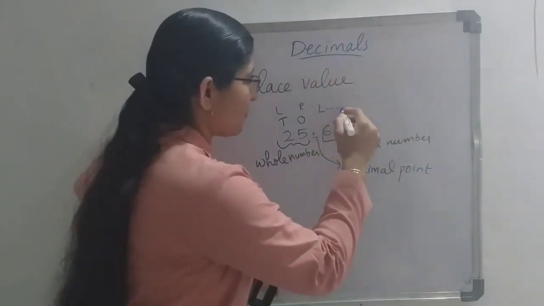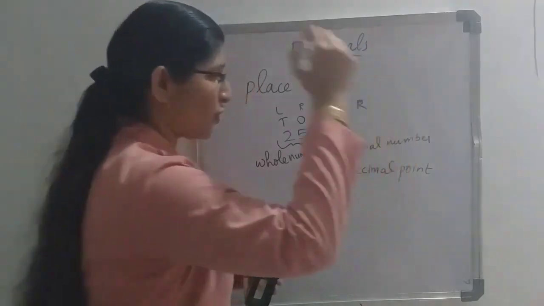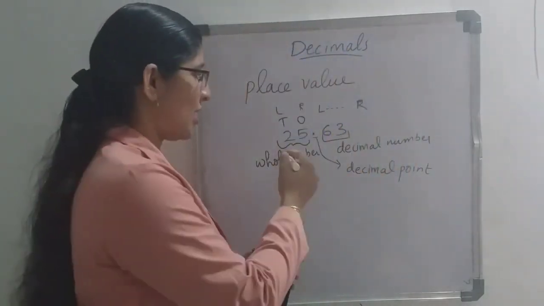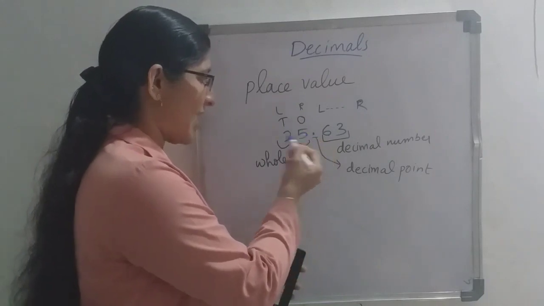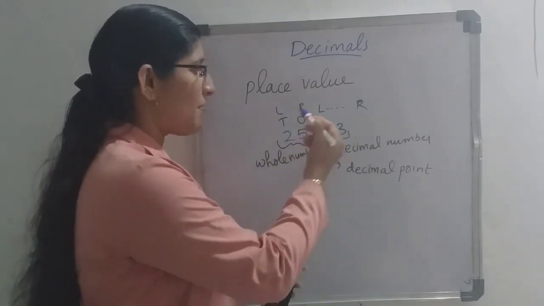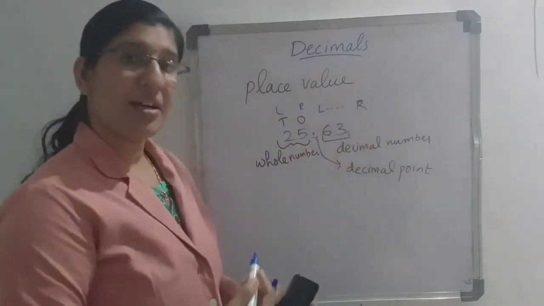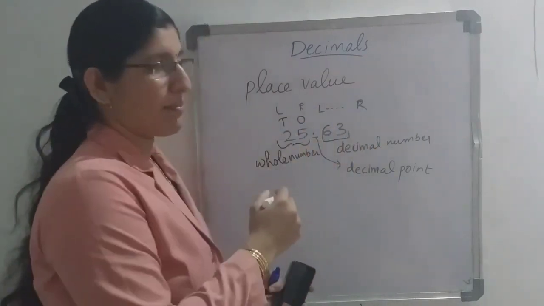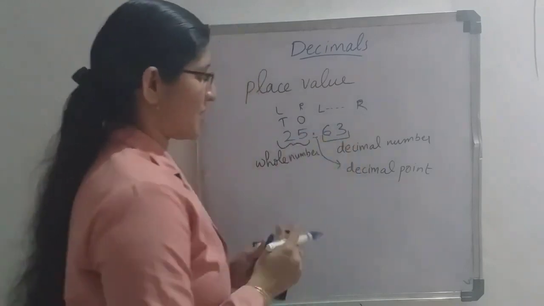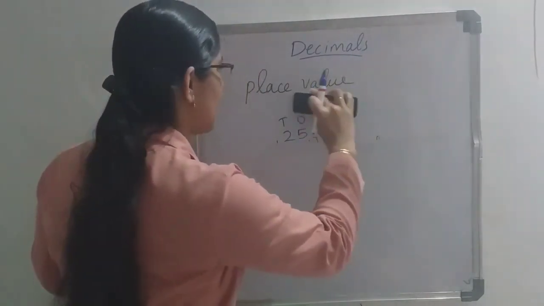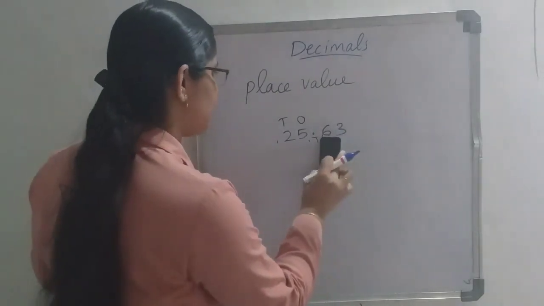Whole number we are starting from ones place, the extreme right side. But in the case of the decimal number, we are starting from the first number itself, the left number. So this 6 is the first number. What is the place value of 6?